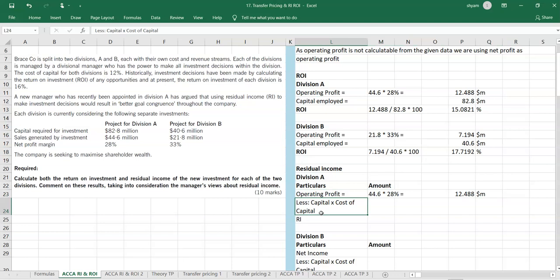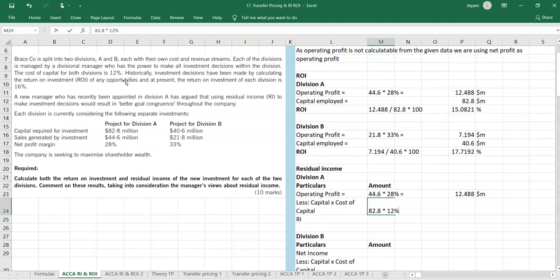The capital employed is already available for A. It is 82.8 into the cost of capital, which is 12%.